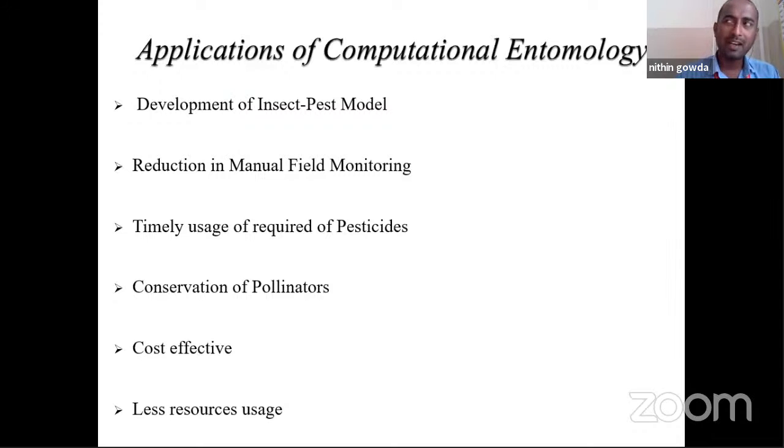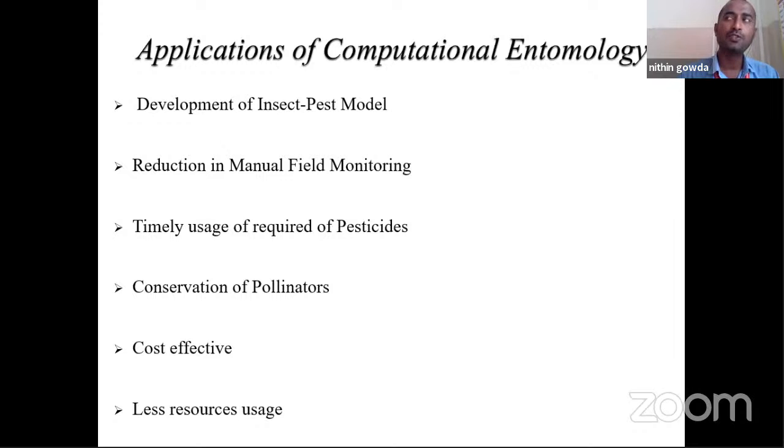For every individual harmful insect, you can develop a model in such a way that, for example, in the month of March, in India, Bactrocera dorsalis count will be more. In the month of November, there is no need of spraying any pesticide. Why? Because the harmful insects will be less.